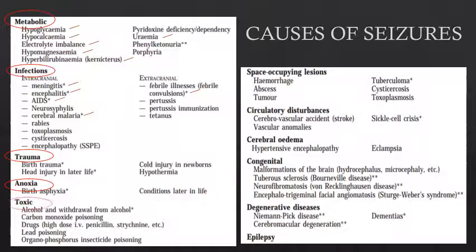Next, we have toxic causes, such as alcohol and withdrawal from alcohol, as well as medications in toxic doses, and other poisons.